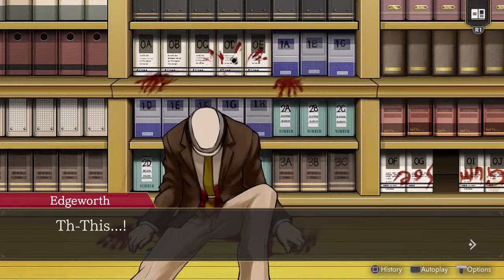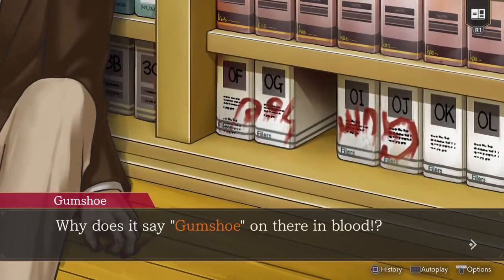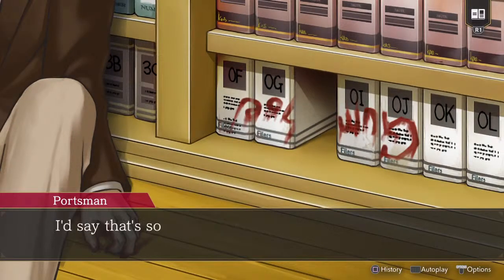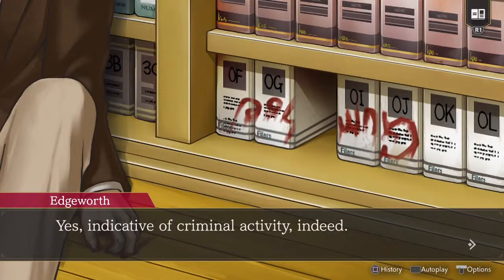I just noticed that, because, see, the body was in front of it. What is that? What does it say, Gumshoe, on there? Hey, that's some incredibly incriminating evidence. Yes, indicative of criminal activity indeed.